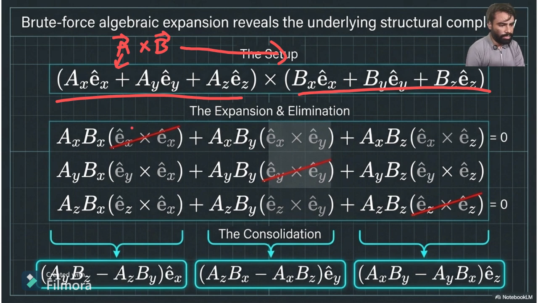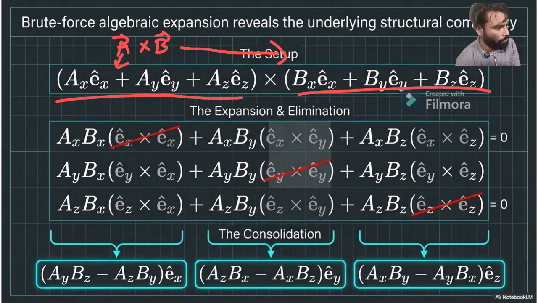For the first scenario we see ex cross ex, as we have from our previous slide. For parallel vectors, the cross product will give you 0. So the term Ax Bx will be eliminated, and Ay By also, and Az Bz also, because these are the same terms.